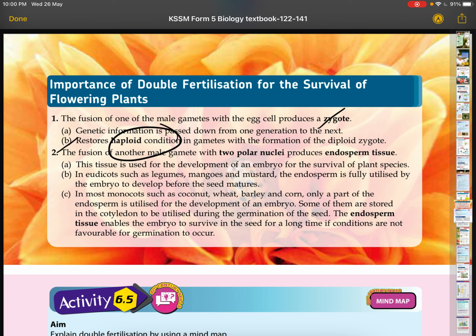So that's why it is very vital in the survival of the species, because it helps with the development of the embryo. But again, I'm repeating it one more time. Even though the endosperm might degenerate, the main use of it is to supply nutrients. Before the cotyledon gets its nutrients, it gets it from the endosperm.